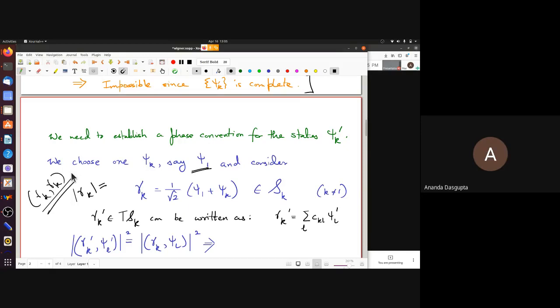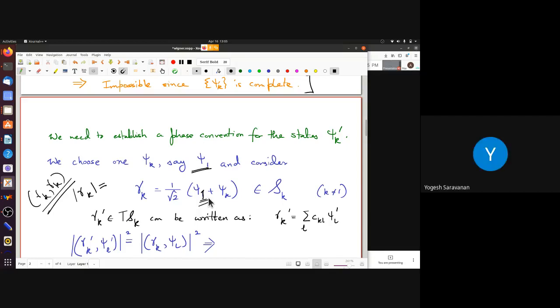Right? Why is it 1? Because psi 1 is a specific psi, not psi L, though it would work for psi L as well. I'm using this to make a particular choice.